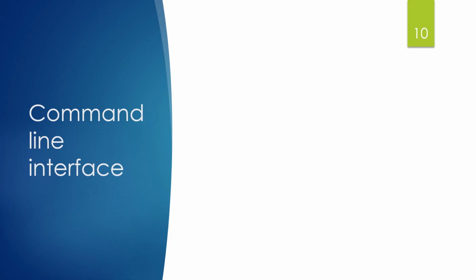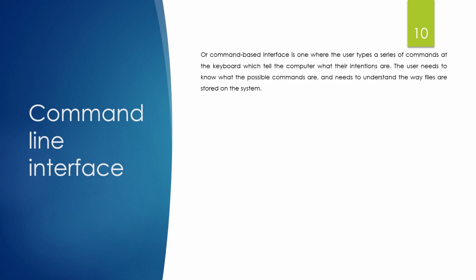The fourth one is a command line interface, also known as command-based interface. It is one where the user types a series of commands at the keyboard which tells the computer what their intentions are. The user needs to know what the possible commands are and needs to understand the way files are stored on the system.